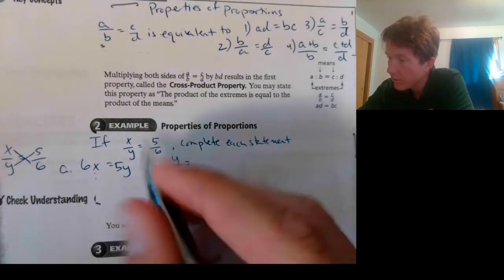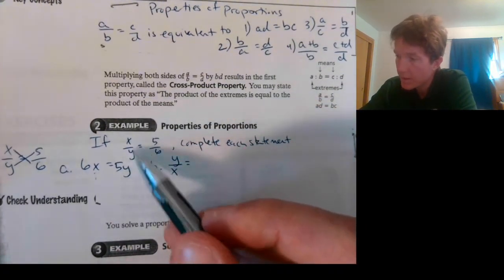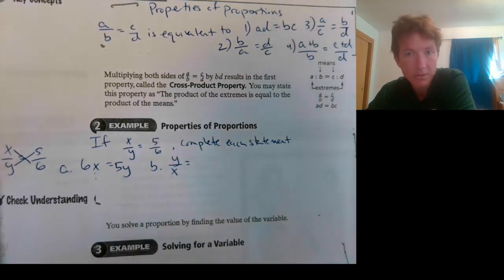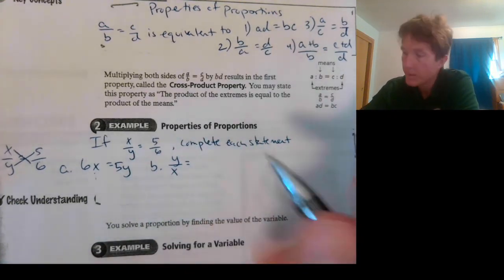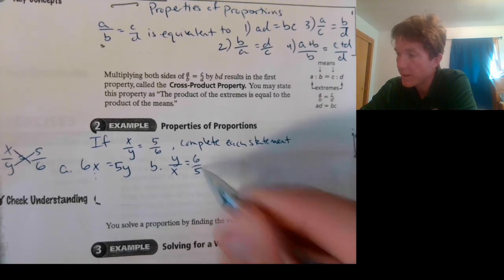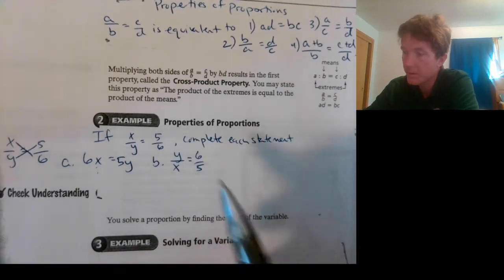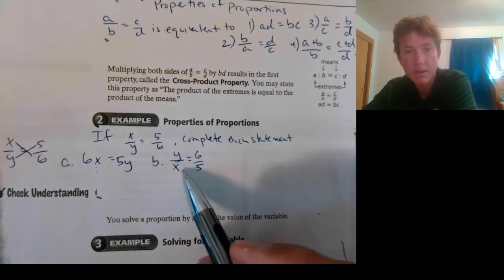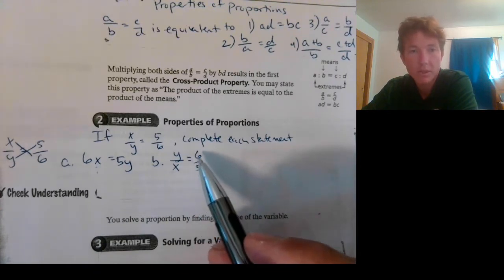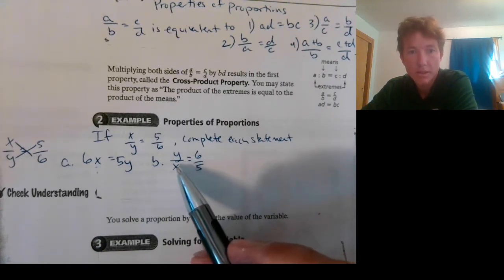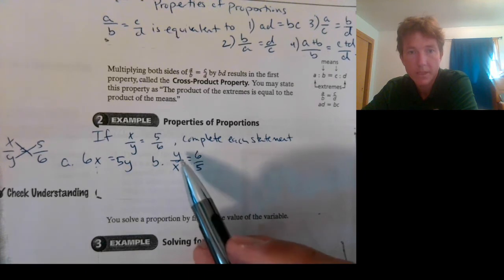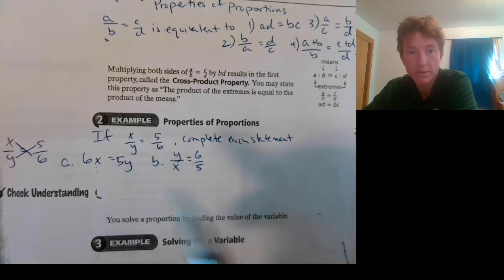So y over x, that's x over y, but it's the reciprocal of that. They flipped it upside down. That's equal to 6 over 5. So this is still a true statement. Why? Well, let's see if I cross multiply these. 6 times x equals y times 5. They're still equal to each other.